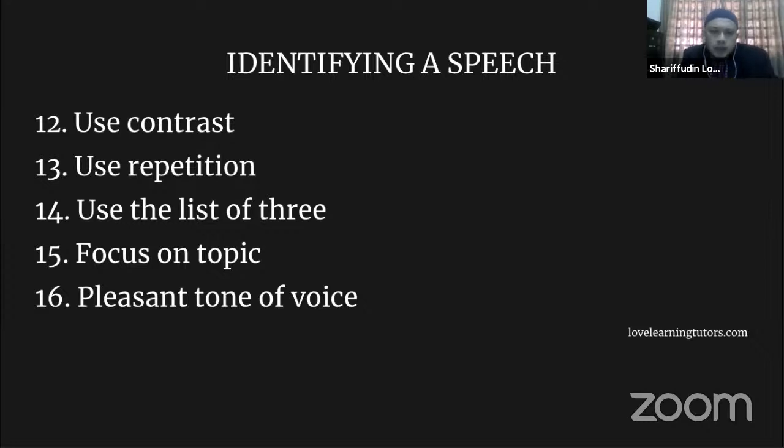Okay, make sure that you focus on the topic. If you are delivering your speech, focus on the topic. Don't go off on a tangent. One thing leads to another, and then you go off on a tangent. It would be great if you have some kind of reminder in front of you.